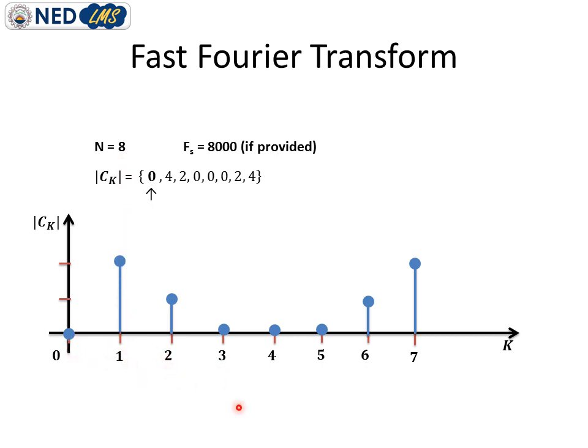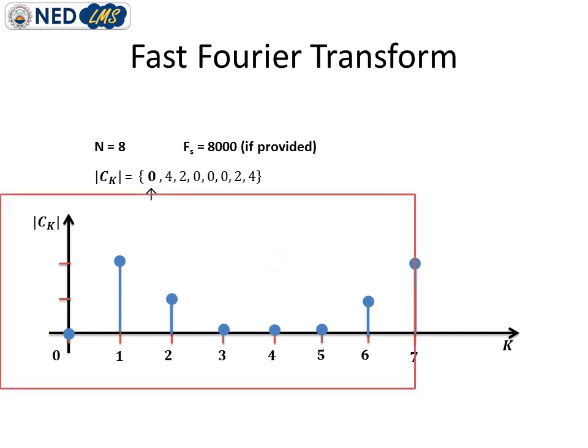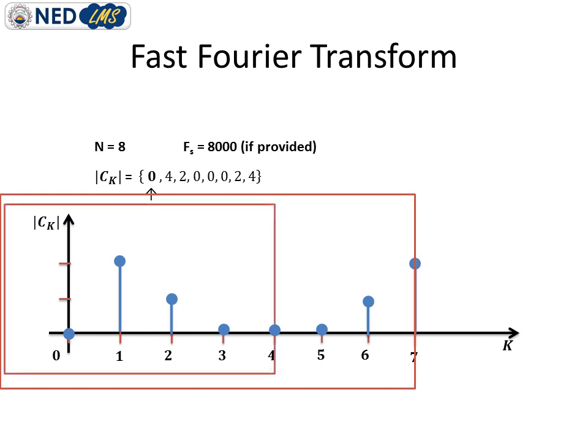So we consider the values up till here, which is when k is equal to 4. These are the range which the FFT is giving to us, and the unique range is up till here.